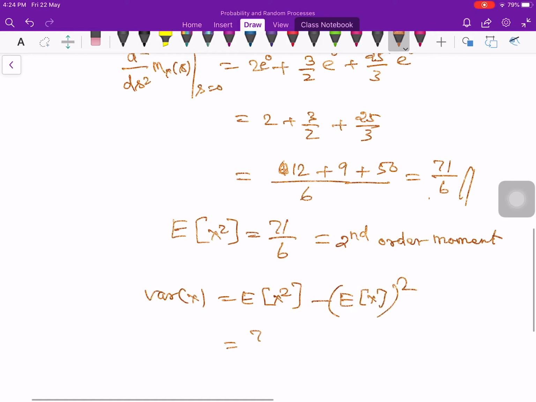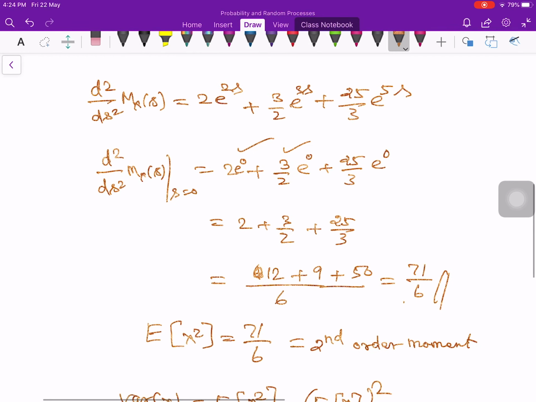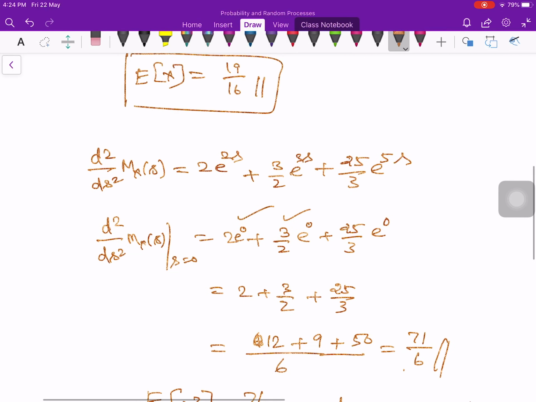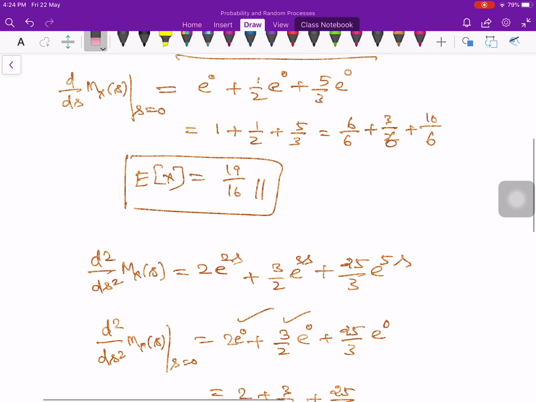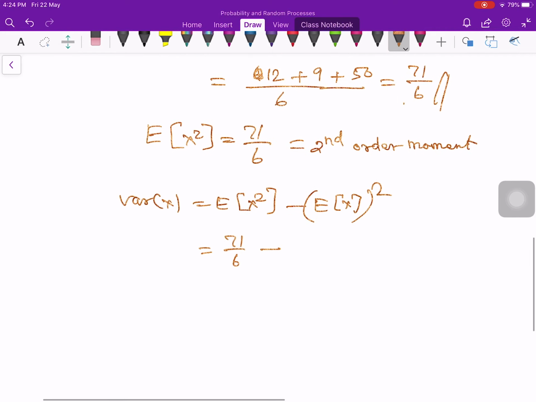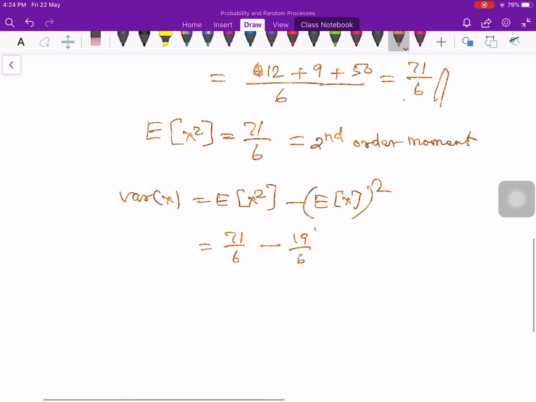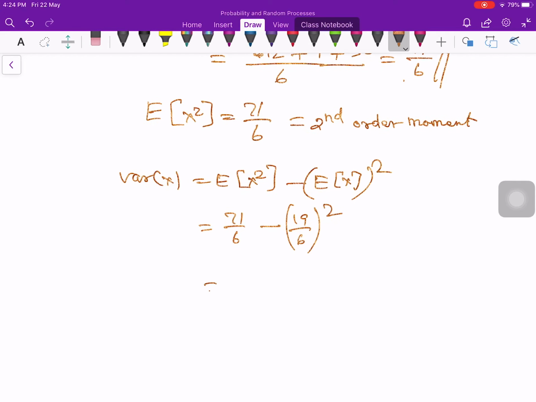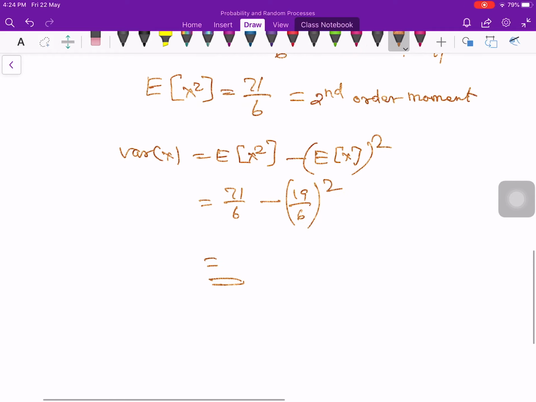So this is 71 over 6 minus, this one is not 16, it is 6 actually, here also I made a mistake, 19 over 6 the whole squared. Then if you simplify this, you'll get an answer. It's a simple mathematical calculation.